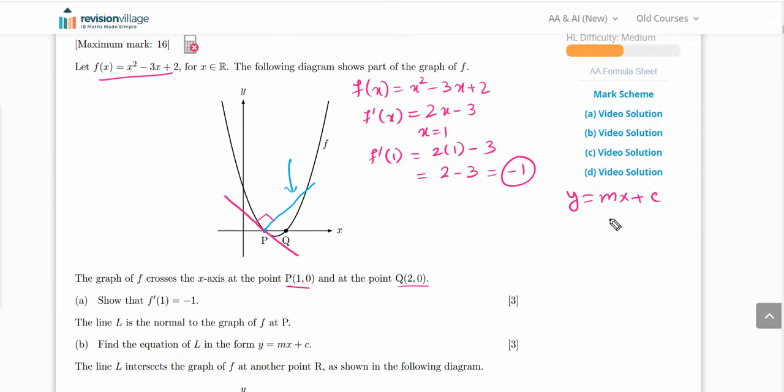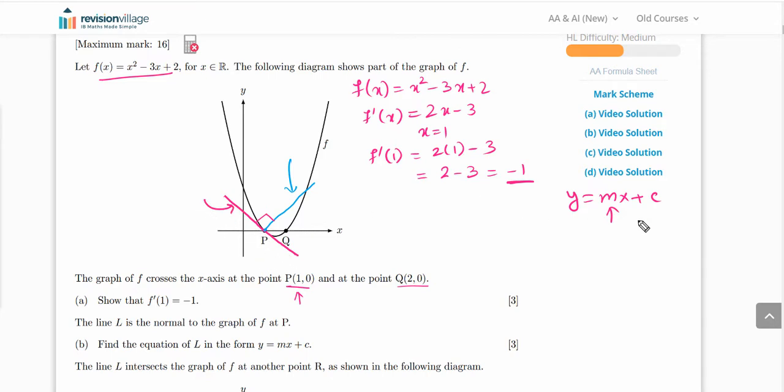In order to work out the gradient, I will put the value of x at P into the derivative of my function. So the point P is (1, 0). I have already done it in part A. So this is the gradient of this line at point P.